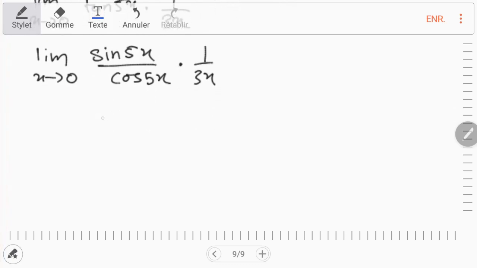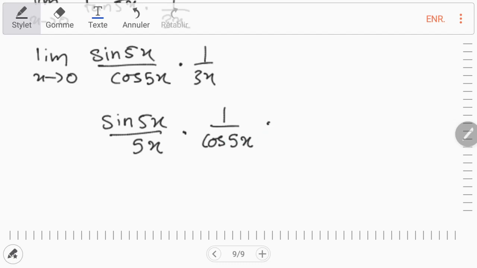We can solve it as sine 5x all over 5x times 1 all over cos 5x times 5 all over 3. Knowing that this 5 cancels this 5, it makes no difference in the limit.